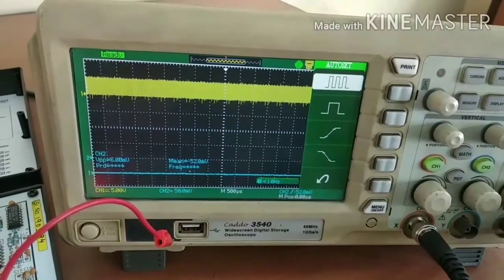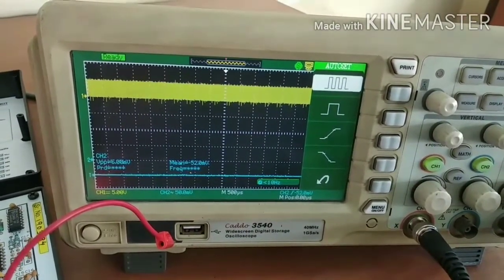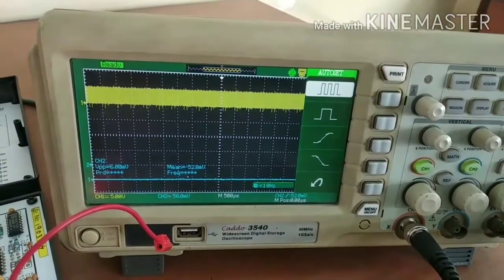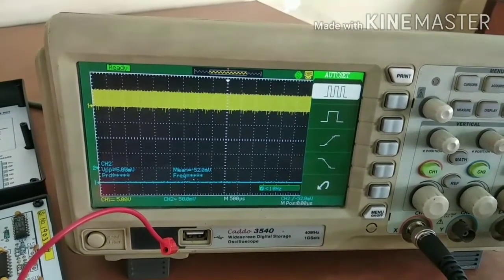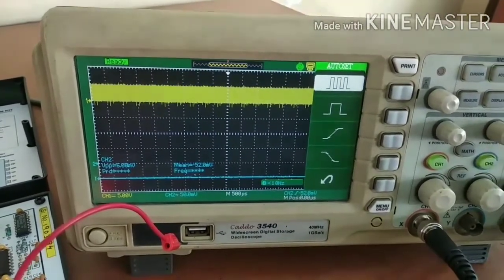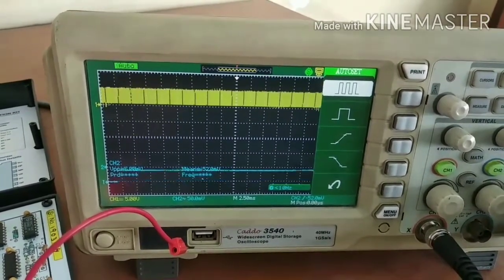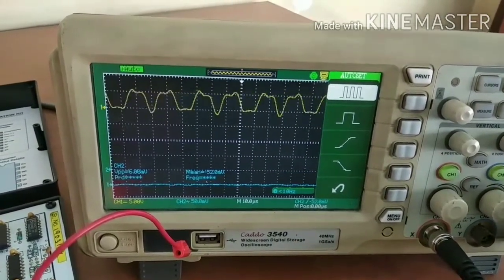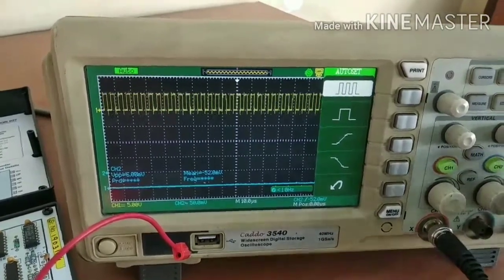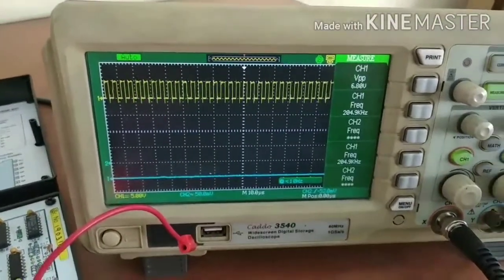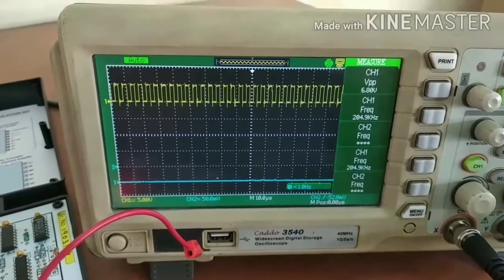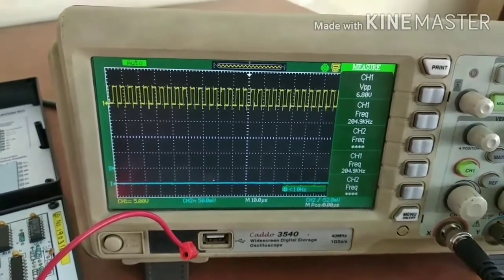Wait for some time for the signal to show. Then press the measure button. This is the TX clock.